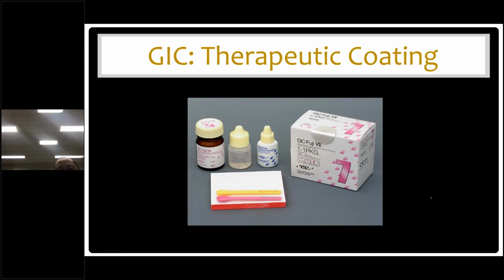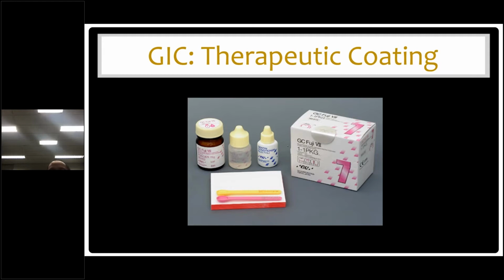When you look at the glass ionomer cement components, you have the powder, the acidic liquid, and the conditioner, the cleaning of the tooth surface that I told you before. On top of that, it doesn't show here, but other glass ionomer cements would also have a bottle of coat to provide protection.